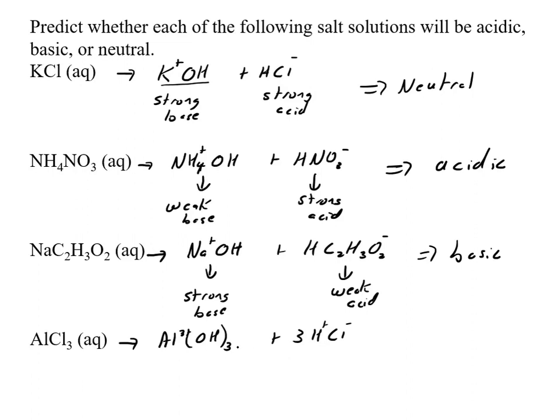But again, that doesn't matter as long as you know it's aluminum hydroxide. That's all I care about. Aluminum hydroxide is not one of the strong bases, so therefore it must be a weak base. And that's basically what I do. It's process of elimination. Hydrochloric acid is a strong acid. So I have weak and strong, so therefore this one is acidic. Okay? And that is the end of this video.